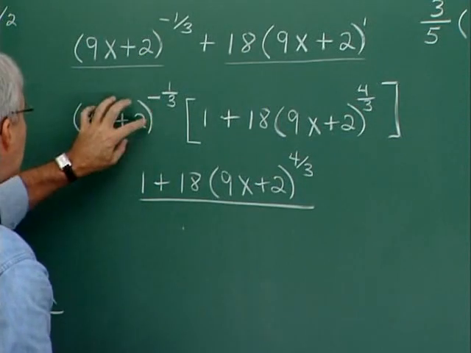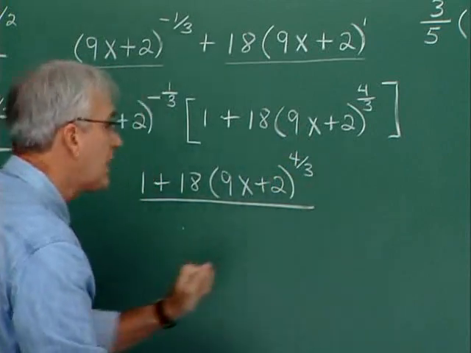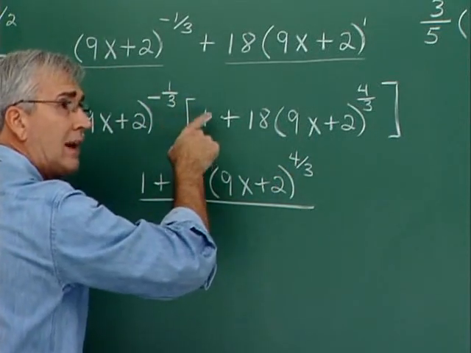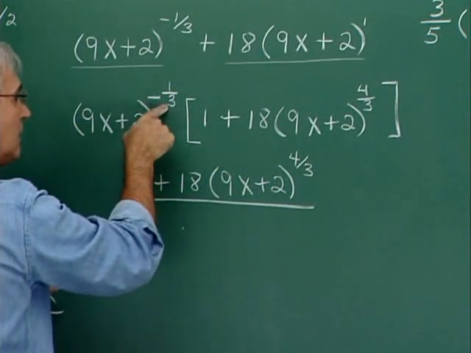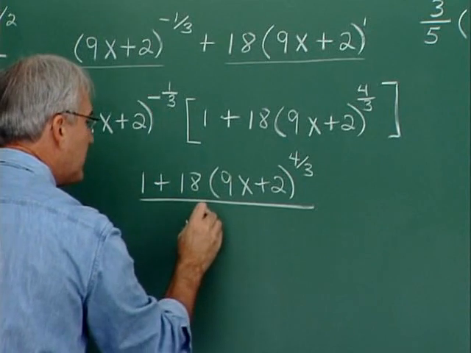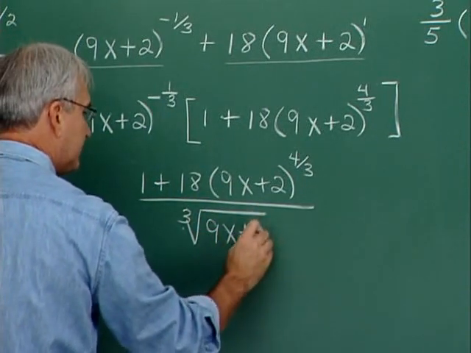And it is 9x plus 2 to the 1/3 power, or we could think of it as, gee, a fractional exponent implies a radical, and the index of the radical is the denominator of the fractional exponent. So this is the cube root then of 9x plus 2.